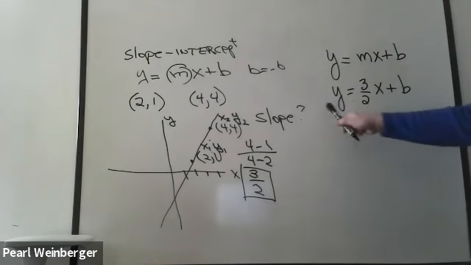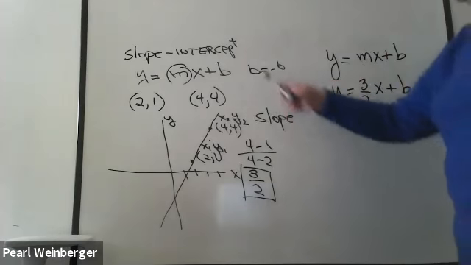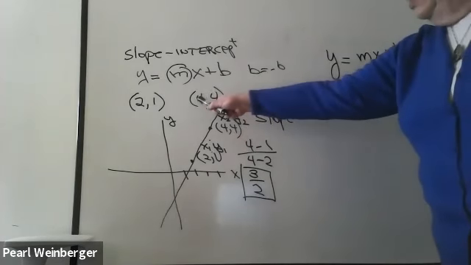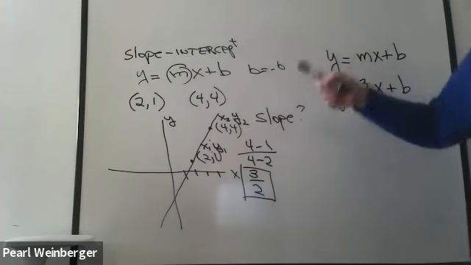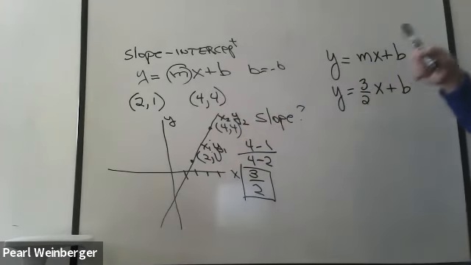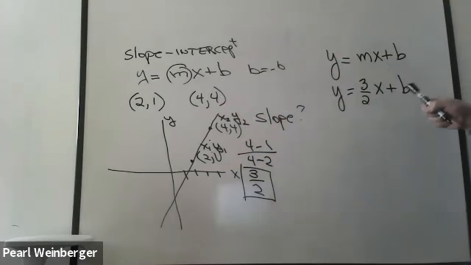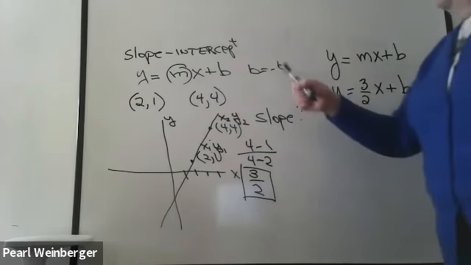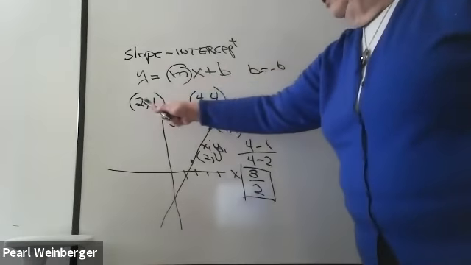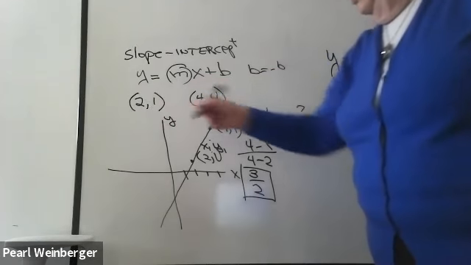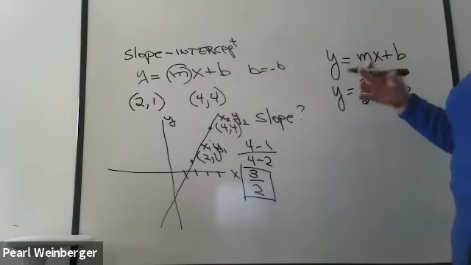This is an equation of a line, and any point that's on the line has to fit into the equation. In other words, if I put in 2 for x and 1 for y, the equation is true.